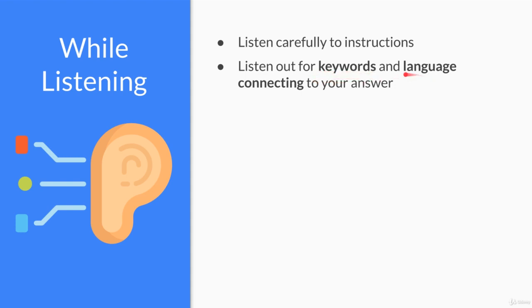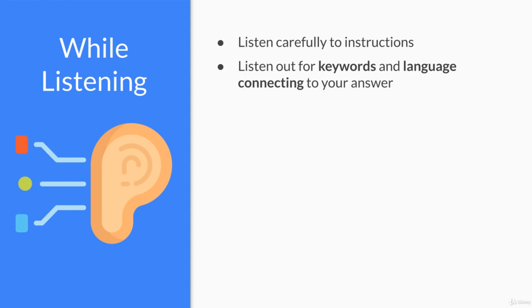Also pay attention to the language that connects to your answer. When I say connect to your answer, I mean what the question is asking you for. So in some cases, the question may be asking you for some very specific information. Other times, it may be a fill-in-the-blank question, for example, and there may be words that come before the blank line and words that come after the blank line.